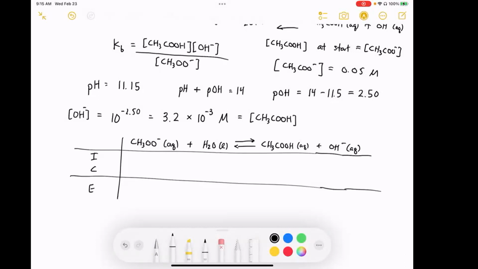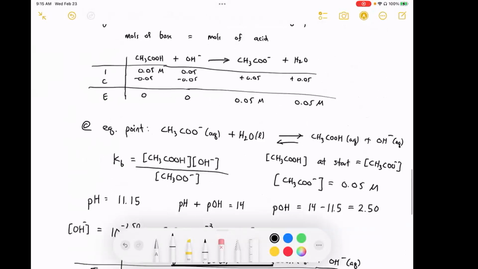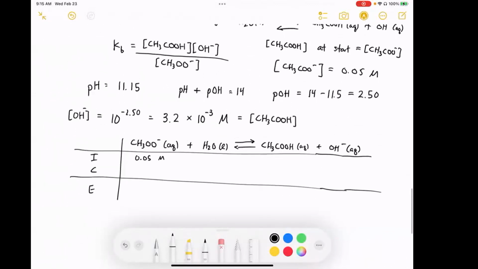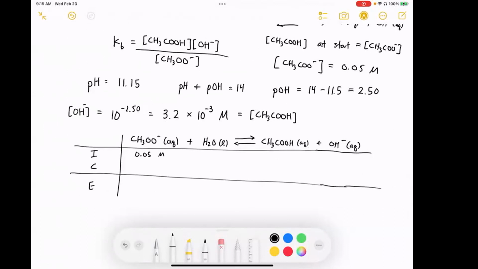So in this case, initially we had 0.05 molar acetate, and that will react with water, right? So initially 0.05 molar, and we look here, that's exactly what we have here. Then the change is going to be minus X. So at equilibrium 0.05 minus X, and then it's going to produce plus X for the acid and plus X for hydroxide ion.